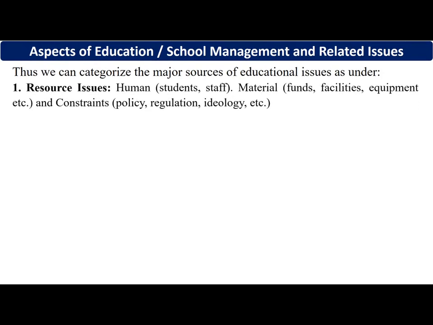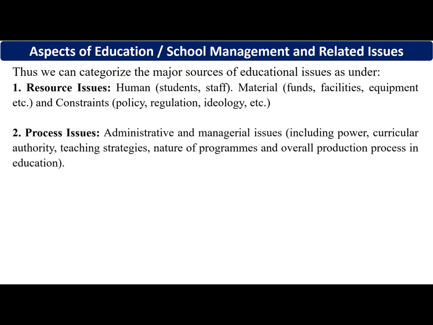Like resource issues. Human means students, staff. Material means funds, facilities, equipment. And the constraints mean the policy, regulations, ideology. The second is process issues.